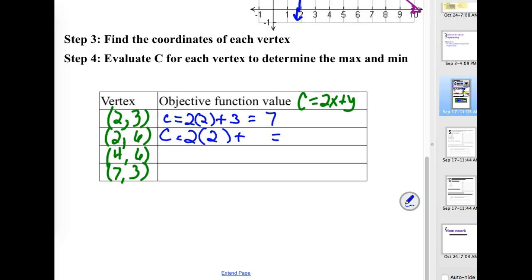X was 2 and y was 6. So 2 times 2 is 4, plus the 6, I get a 10. Okay. Next one, 4, 6. So I've got 2 times 4 plus 6, which gets me what? Okay. And the last one, 2 times 7 plus 3.